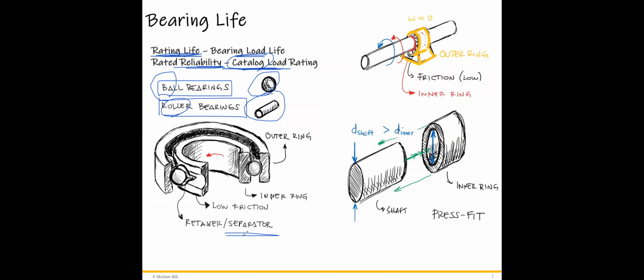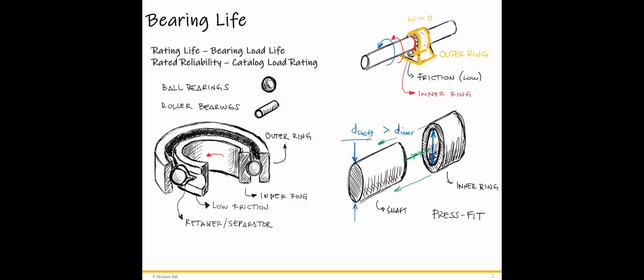As I mentioned previously, this can be used for a rotating shaft, like the transmission. Therefore, the diameter of the shaft has to be smaller than the inner diameter of the bearing. So what does this mean?